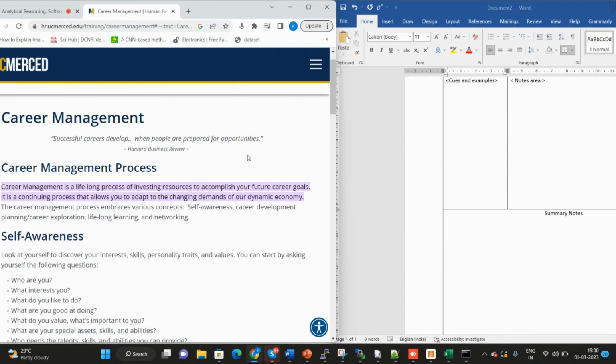It is a continuing process that allows you to adapt to the changing demands of our dynamic economy. The career management process embraces various concepts: self-awareness, career development, planning or career exploration, lifelong learning and networking.